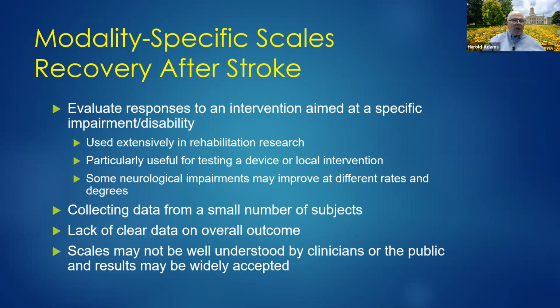Still, these are not well understood by the public or the clinicians. Having talked to the people who work with me in rehabilitation, they tell us that some of these scales are really hard to interpret. And most of them have not gone through the testing that is required of the more global scales that we've been talking about. Next slide.